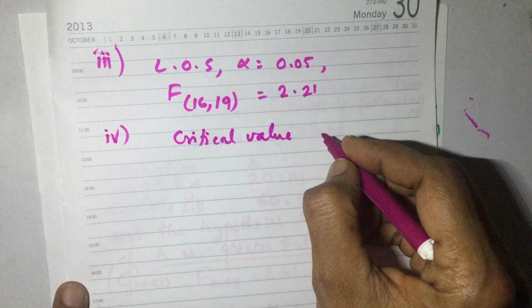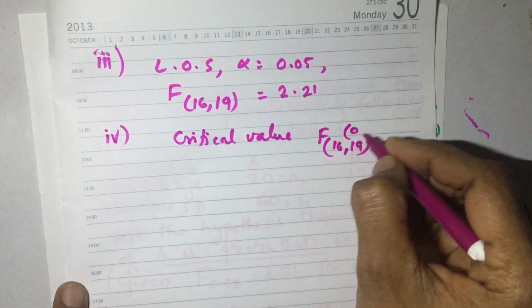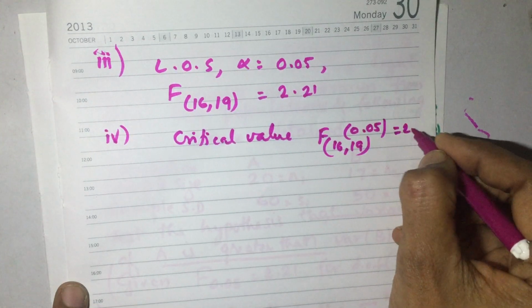Critical value is F 16, 19 at 0.05, which is 2.21.